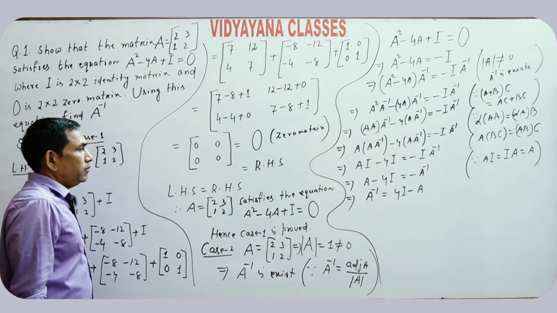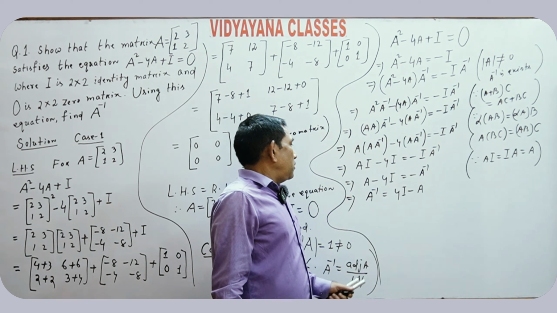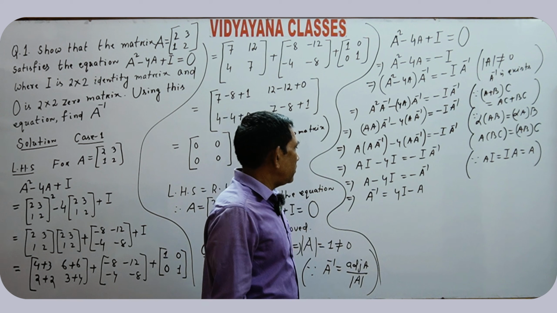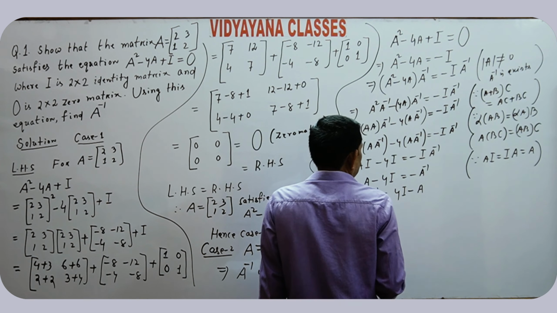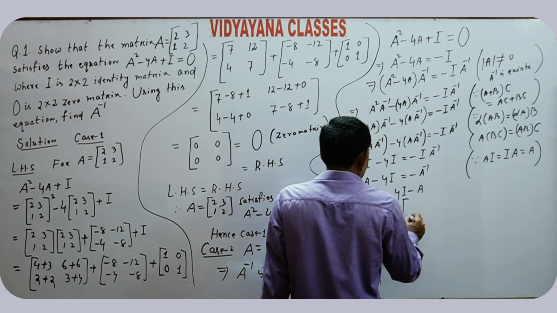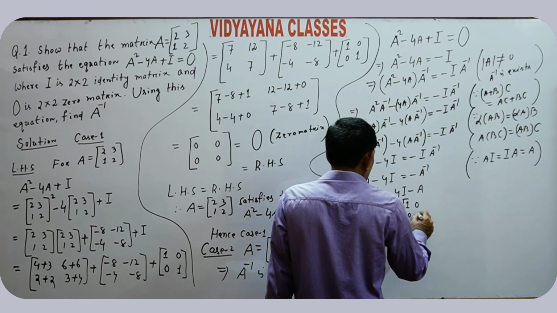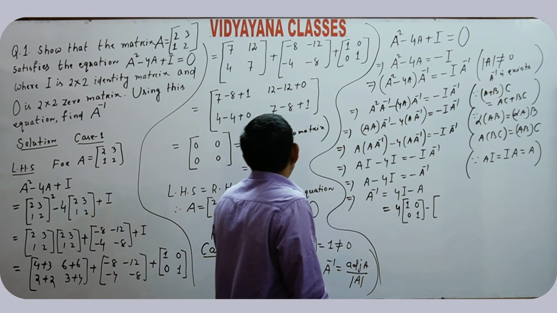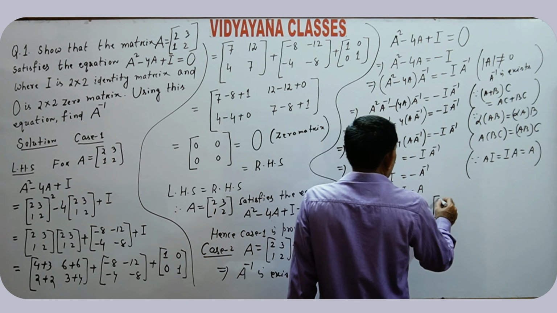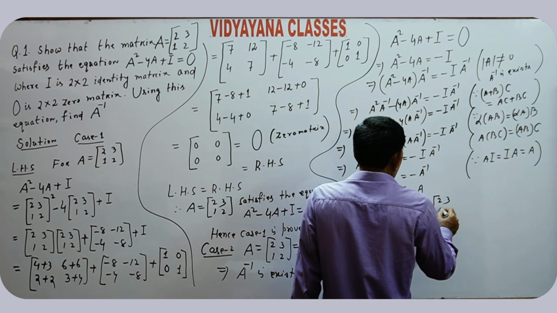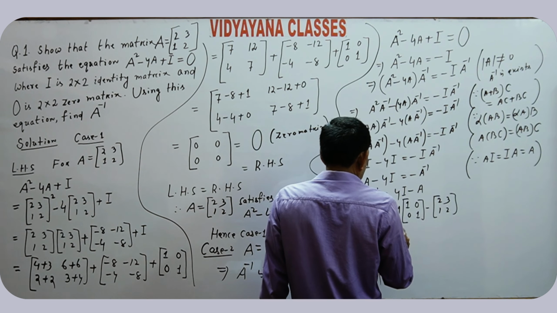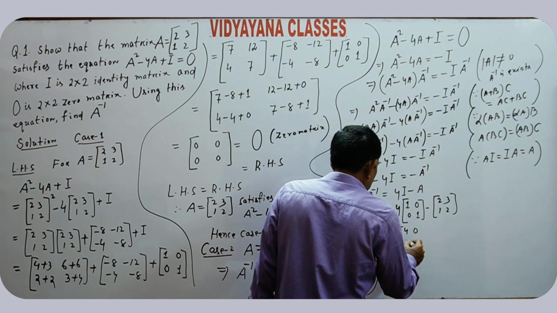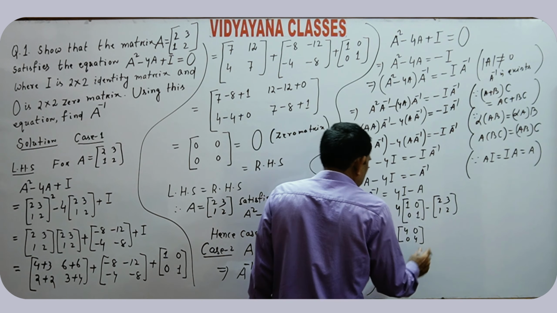A inverse is equal to 4I minus A, which is the same as 4I means 1 0 0 1 minus A means 2 3 1 2, which is the same as 4 0 0 4. 4 is a scalar.